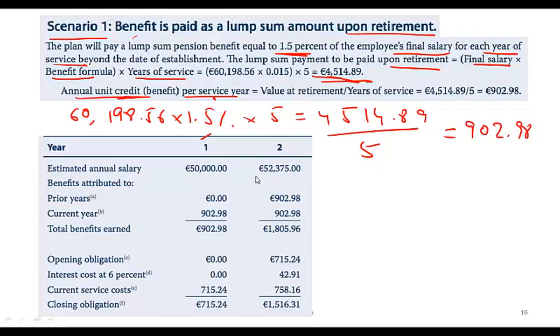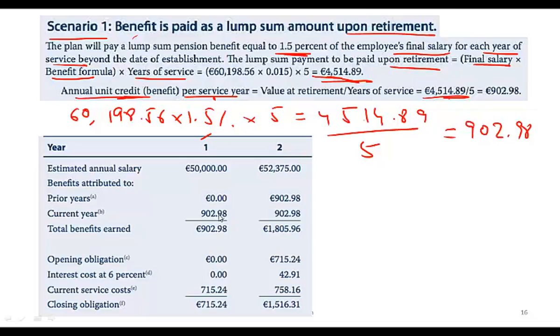Now rather than explaining to the employee in terms of present value, future value, to somebody who has absolutely no interest or concern with things like present value and future value, essentially he can be told that every year he is earning 902 for 5 years. So at the end of 5 years, he will get this amount, 4514. Now, this is the undiscounted amount.